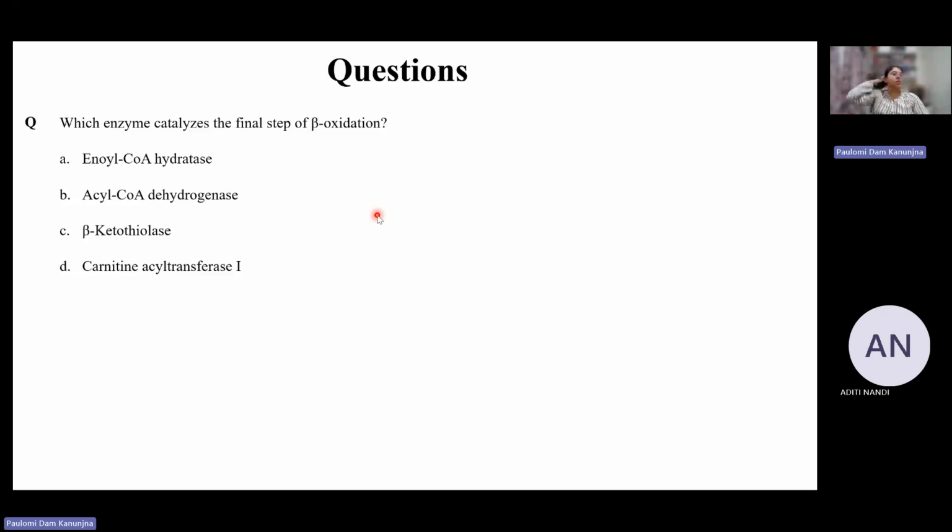Try to remember in oxidation what's happening. How did we start? What do you need to do to give you acetyl coenzyme A? Okay, C. Correct, absolutely correct.